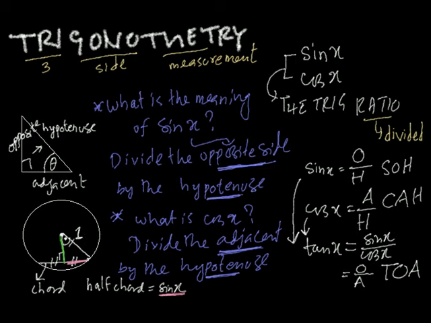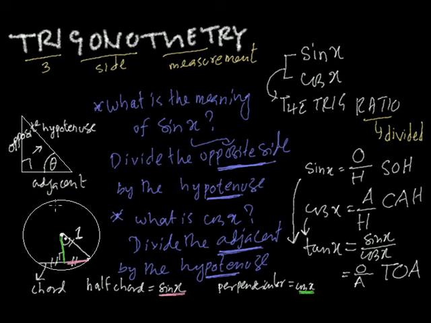So cos x is actually the perpendicular drawn from the center to the half chord. So this length is actually cos x.